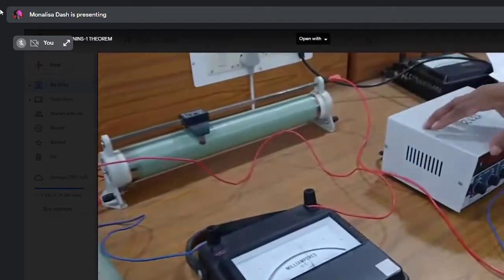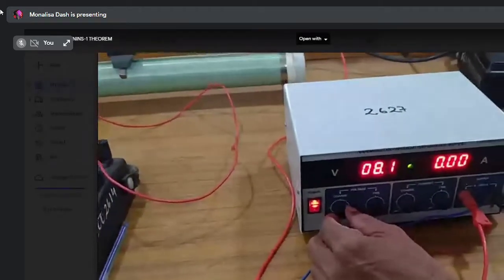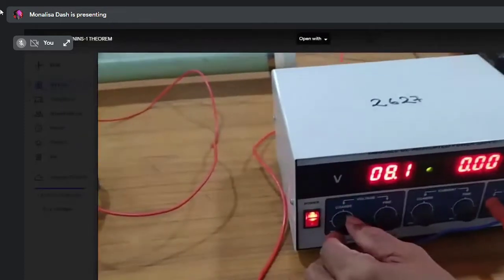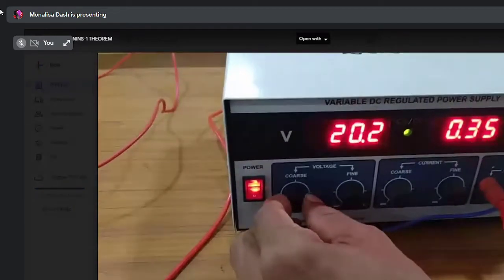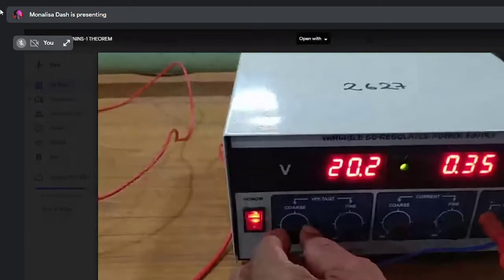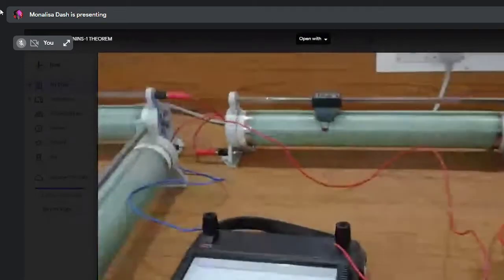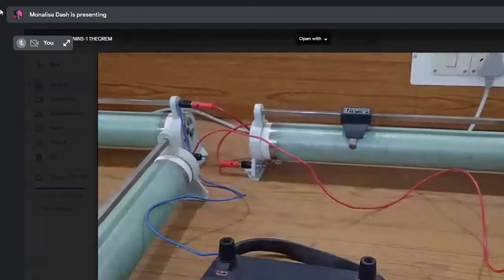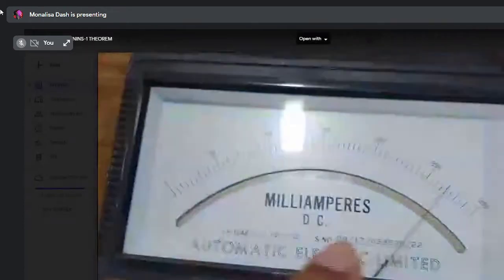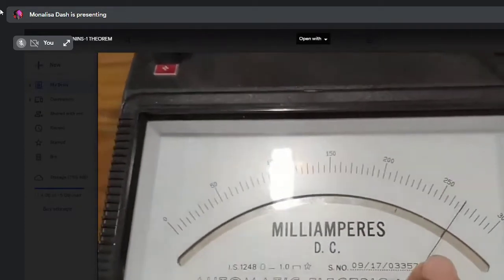Similarly, here 20 volt as V2. And here the current is nearly 270 milliampere.